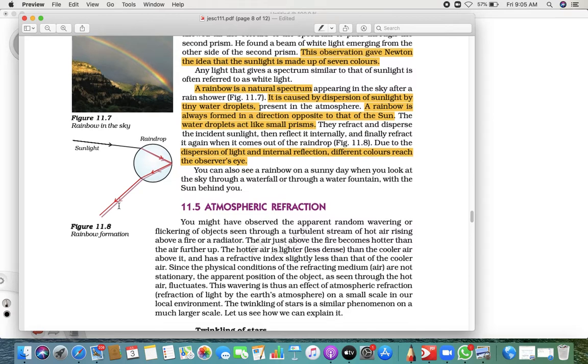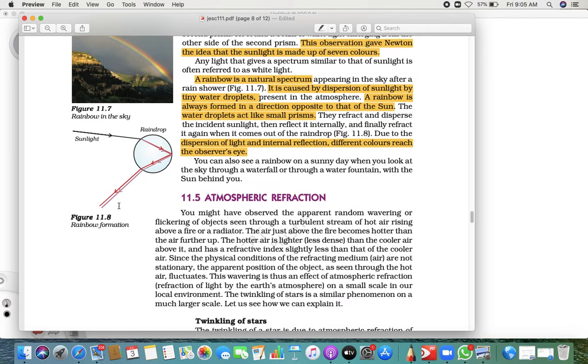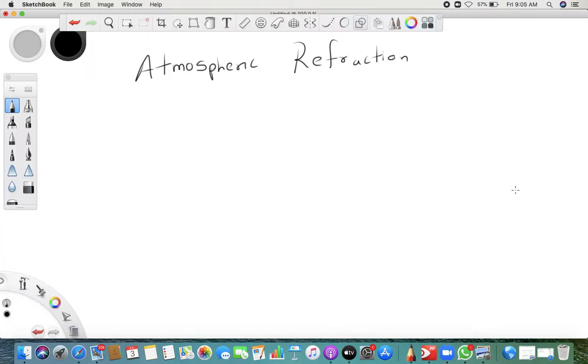Okay. Now, you must have seen, have you seen it on hot air or on a fire? When there is a fire somewhere and the air above that fire is hotter, and when you try to see through that air, what you can observe is that the image is moving or it is not clear.